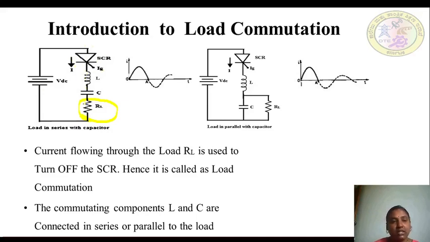Since the load plays an important role in turning off the SCR device, these commutating components L and C are connected in series or parallel to the load.